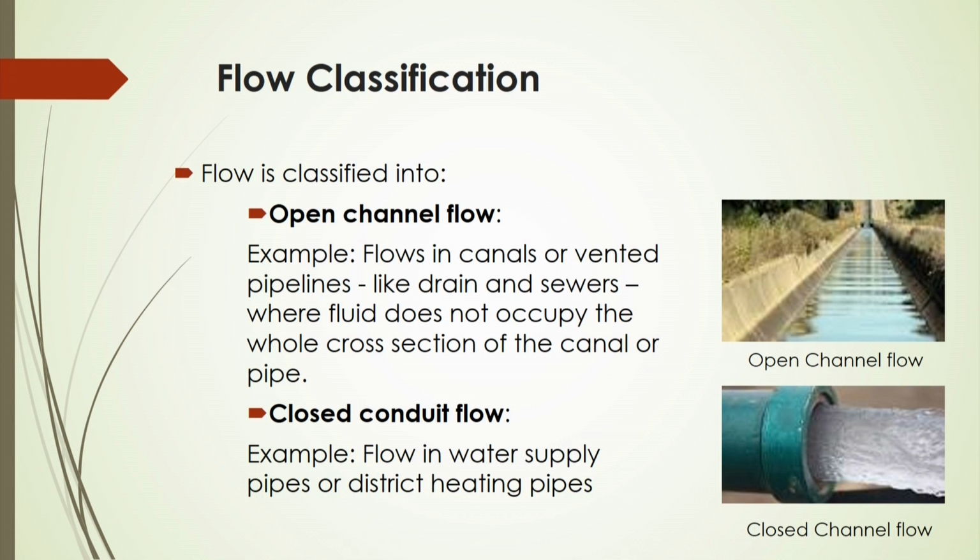This type of flow is referred to as open channel flow. We have already discussed the principal phenomena of open channel flow in the earlier lectures. Here we will discuss how to measure the flow when fluid is flowing through the channel.